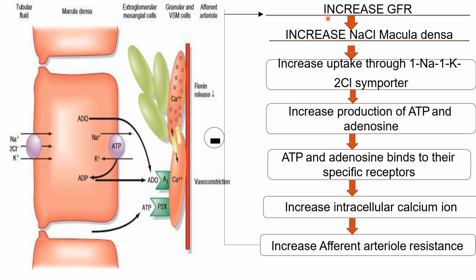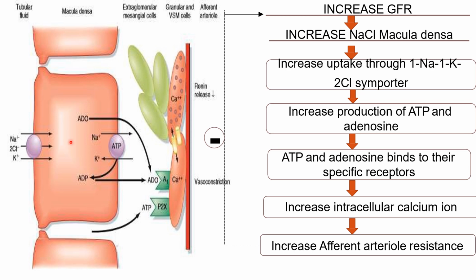When the vasoconstriction occurs, there will be increased GFR, and this increases the sodium chloride delivered to the macula densa cells, with increased uptake through the 1 sodium, 1 potassium, 2 chloride importer.